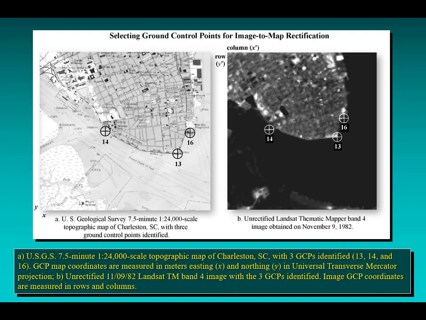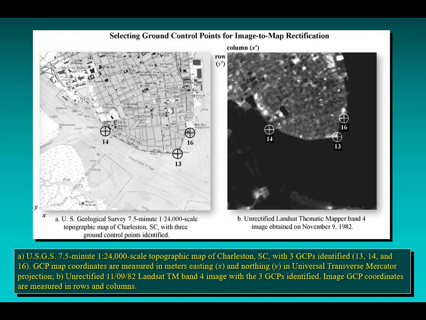So when we're actually situating these, you would want to zoom way in on each one of these windows, and often in your digital image processing system, you'd have these up side by side so you could look at them back and forth to see the spatial correspondences between where the ground control point is on our georeferenced base map versus where those ground control points are on our unrectified image.